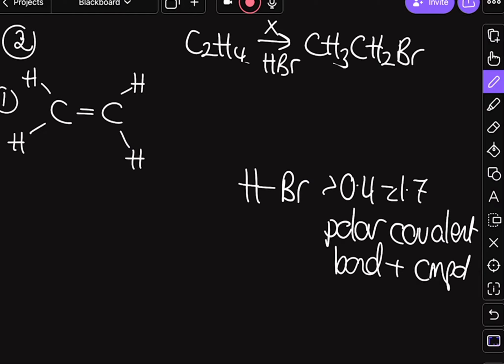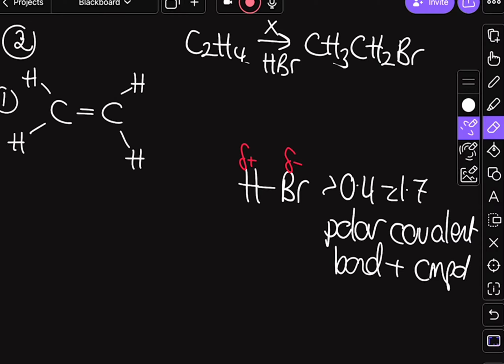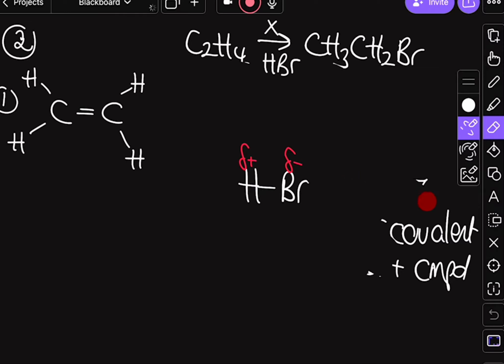So when we draw HBr naturally, it will have a delta plus up here and a delta minus. So it's already polarized before it even gets next to an ethene molecule. But we still follow the rules for ionic addition.